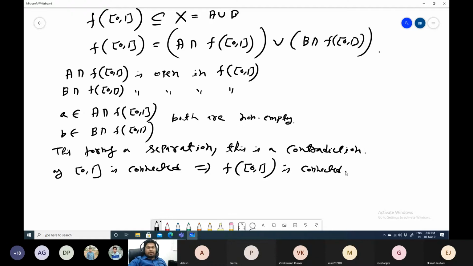Right? So we assumed that if X is not connected, then this is also not connected, which is not true, right? So therefore, X must be connected. Okay, is that fine to everyone?